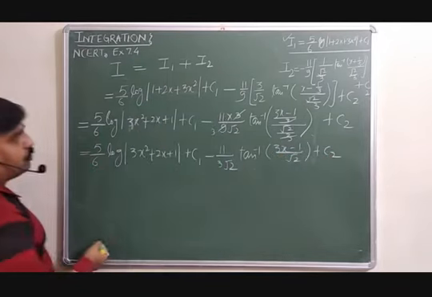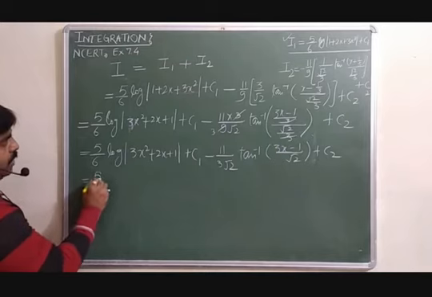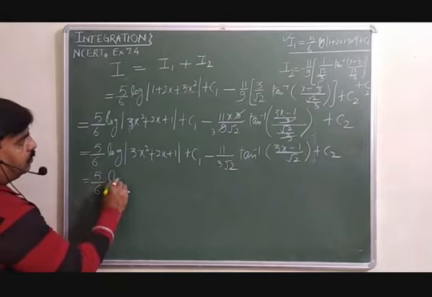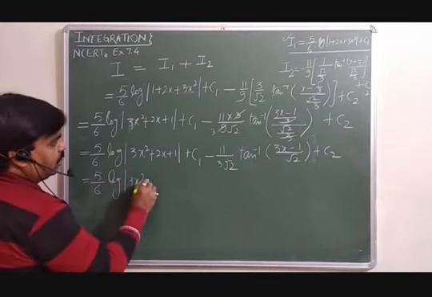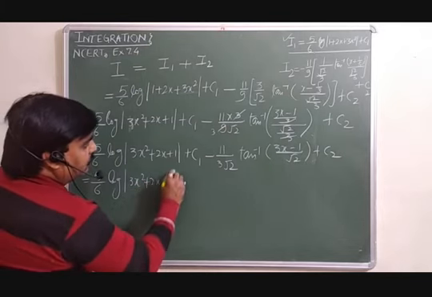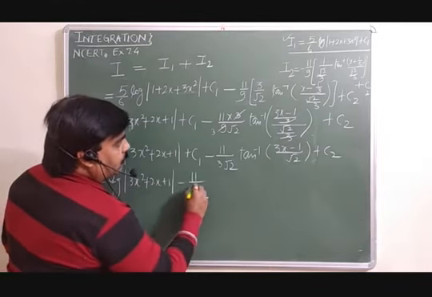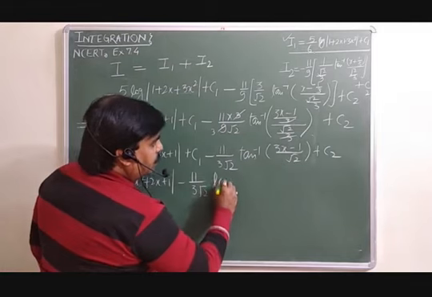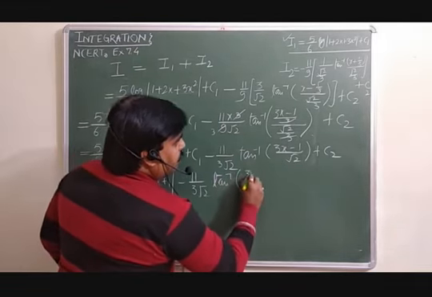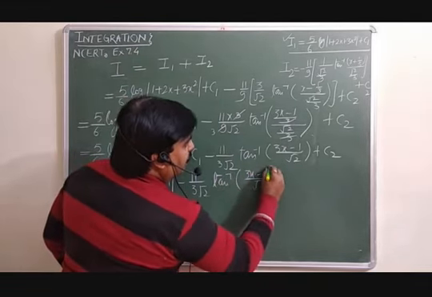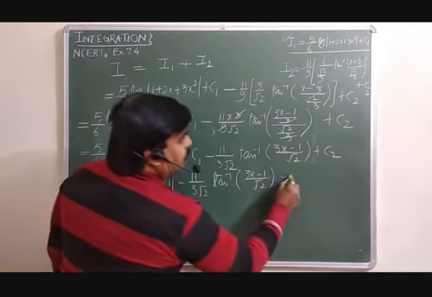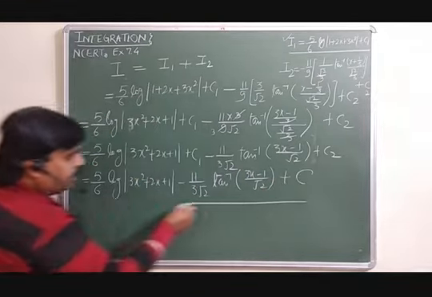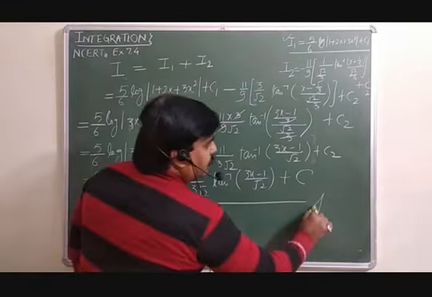Or you can write it as 5/6 log(3x² + 2x + 1) minus 11/(3√2) tan inverse (3x + 1)/√2, and in place of c1 plus c2 you can introduce another capital C, and this is your answer.